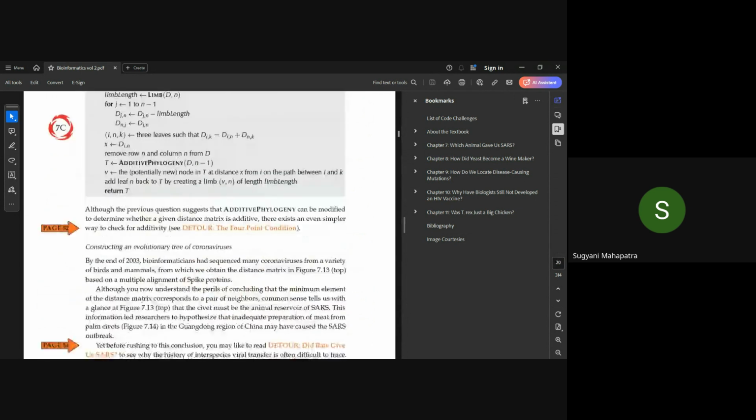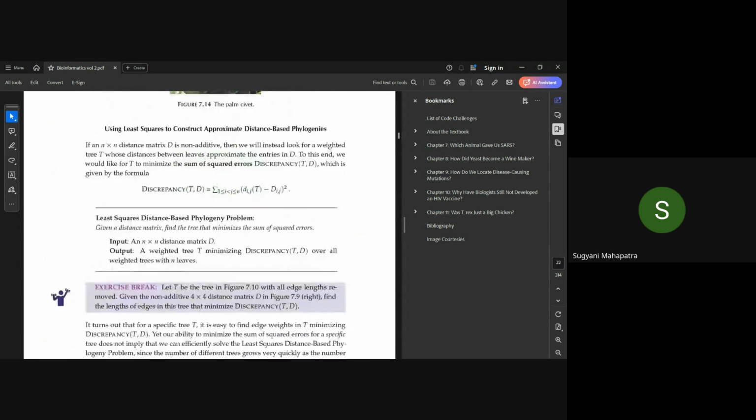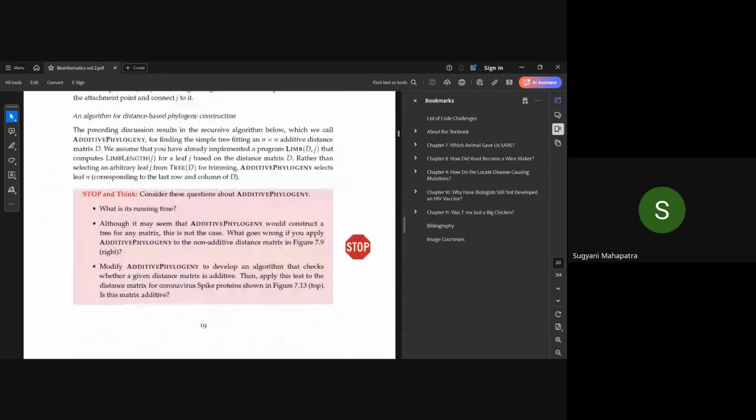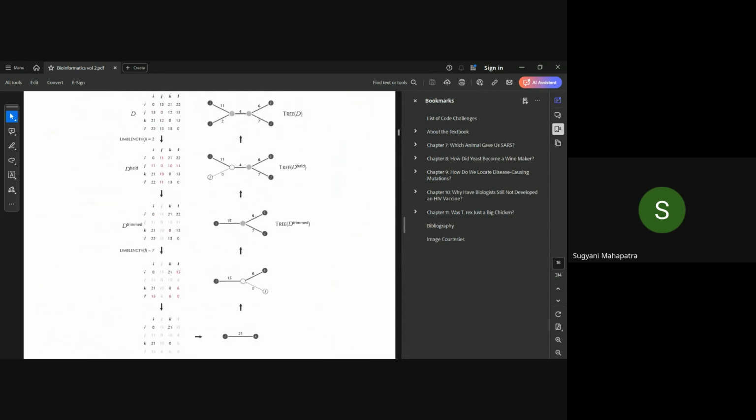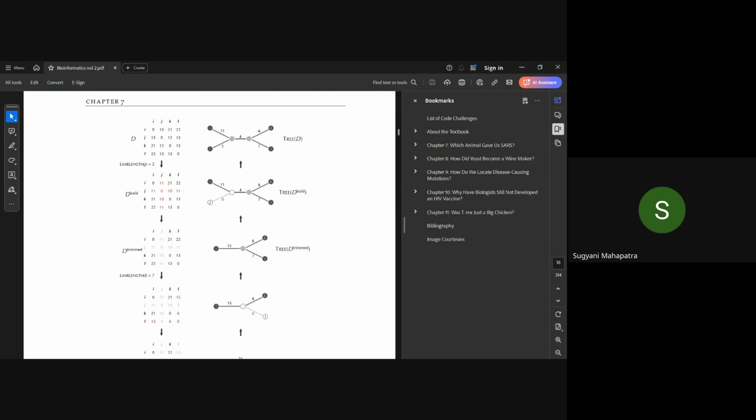Suppose I'll just give you a sample question, it's not there in the exam. Given this D, we are choosing I as the first node. So we are computing the limb length of I. Then we are generating the D bald of the matrix, and we can ask you questions like what will be the values at these positions. Something of that sort.